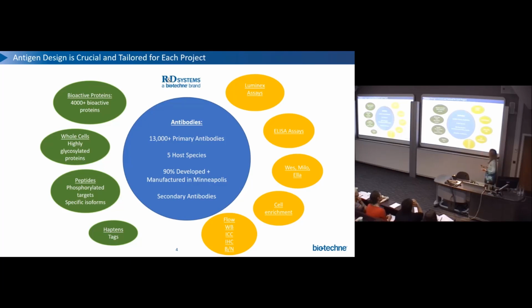We have a lot of, obviously, internal customers, but we're mainly working for all the applications that have been used by all the science communities, going from Flow, Western, ICC, IHC. We also do a lot of blocking neutralization testing, so we have multiple assay types around that. And again, this is where your biological models become really, really crucial, because for blocking and neutralizing assays especially, you need to make sure you use the right model.